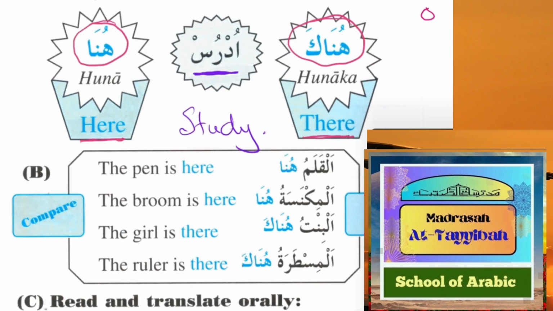So basically, we are looking at a simple structure and simple sentences that start with the noun and they end with هنا, is here, or هناك, is there. So that's the structure, or 2 structures. And in between, we have a variety of different words, in this case, nouns.